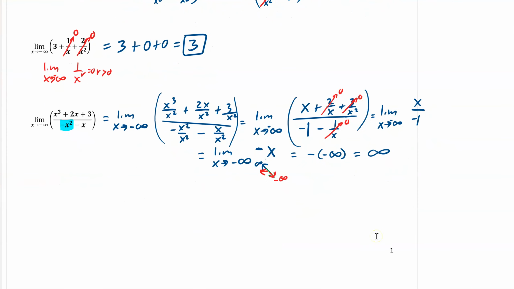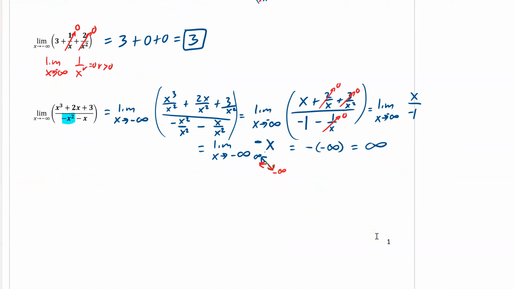All right, now I did say I would show you an alternate method. So if you don't like dividing, you can always use factoring. So what we're going to do is, instead of dividing everything by x squared, we're going to factor it out. So it's just the same idea as we're trying to get that x squared out.